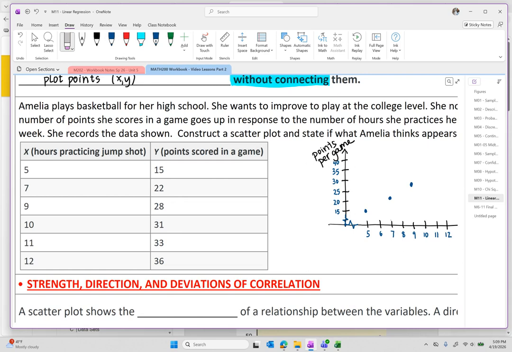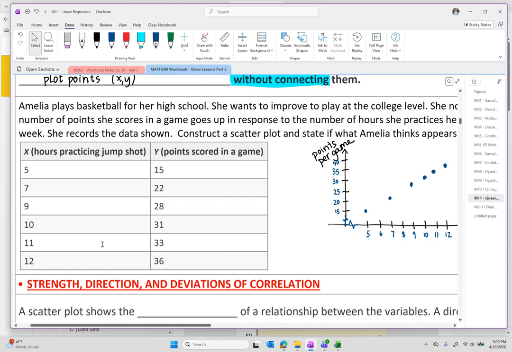And then I have 10 with 31, so my point is here. Again, I'm just drawing this guideline so that I can see it. It's nice if I had graph paper. 11 with 33, so let's say there. And 12 with 36, and let's say that this is there. And this is how the scatter plot will look.